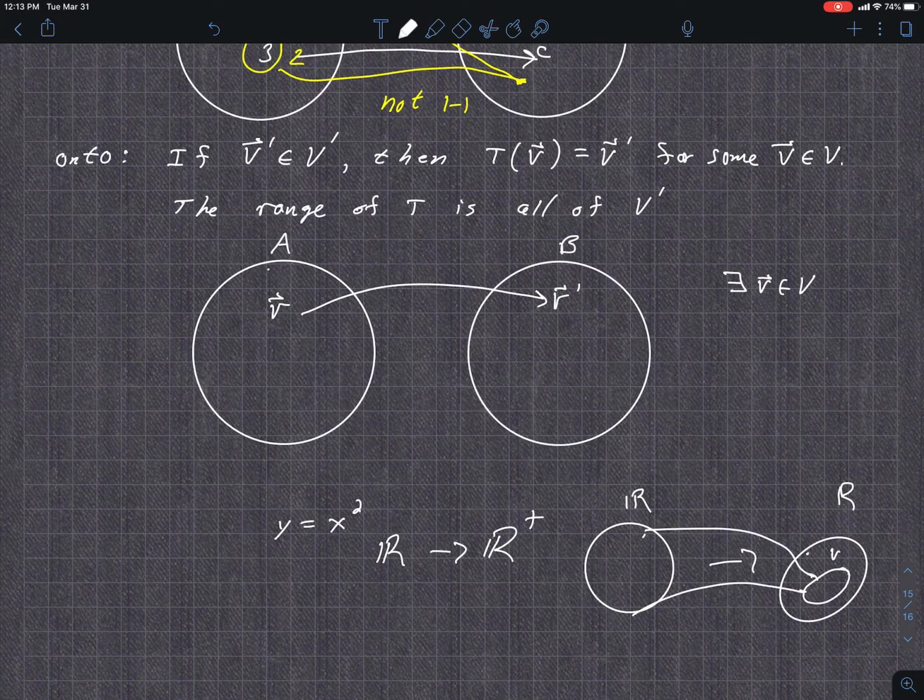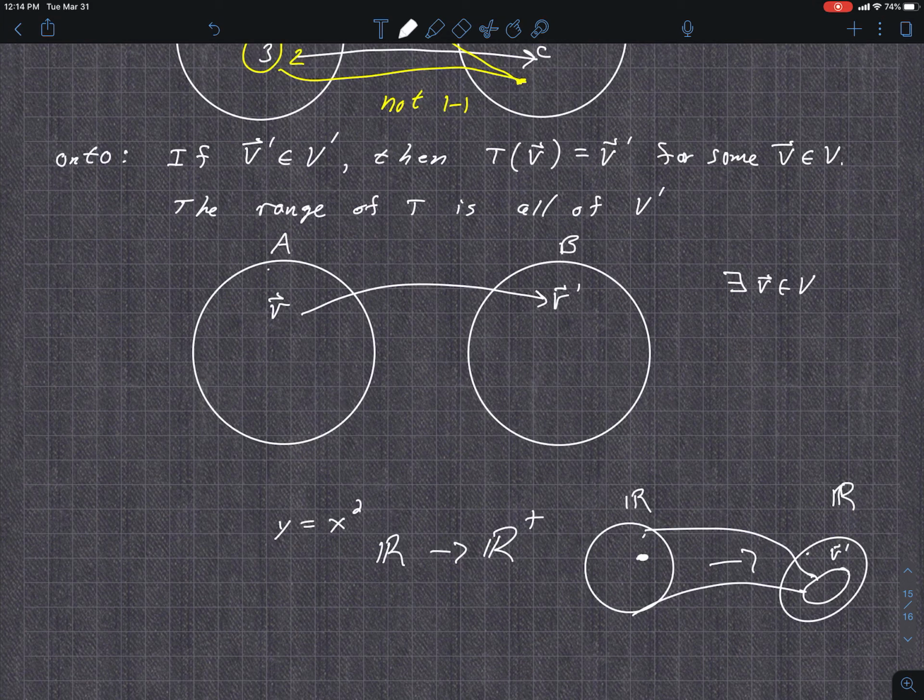You get a subset of it. So there are elements over here that are not targeted by elements over here. Then that's not onto. It has to map the entire set onto the other set. That's where the name comes from.